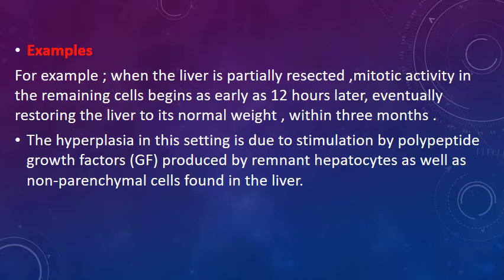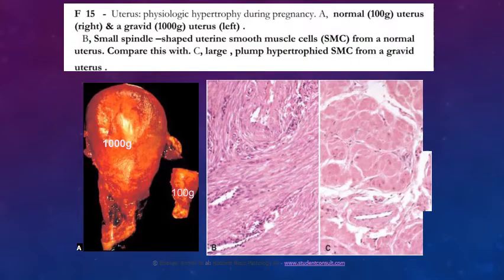Parenchymal cells mean the functional cells of the liver, the liver cell or hepatocyte, which is responsible for the function of the liver, and the non-parenchymal cells are the cells present in the connective tissue stroma between the hepatocytes.